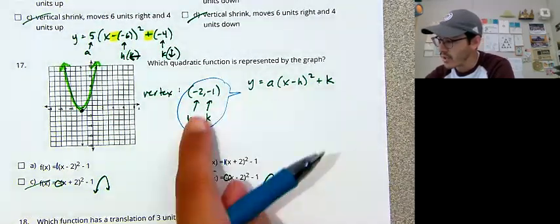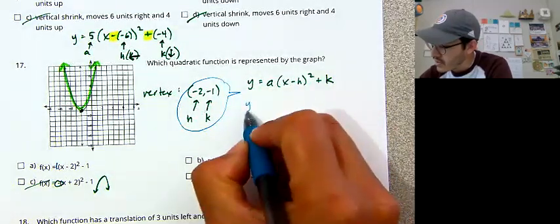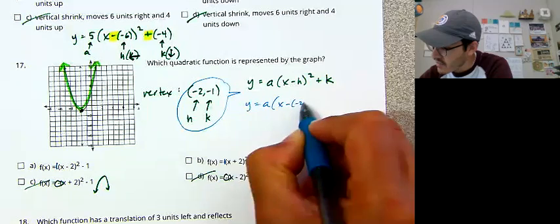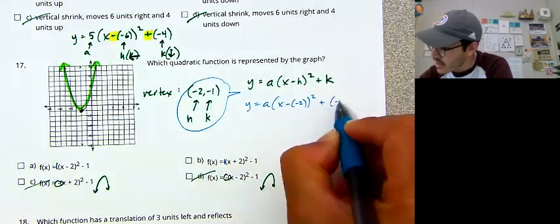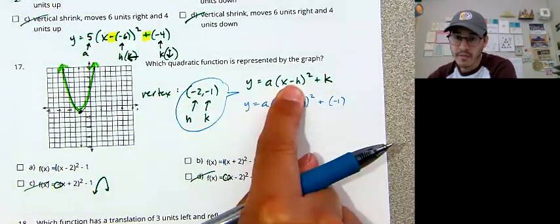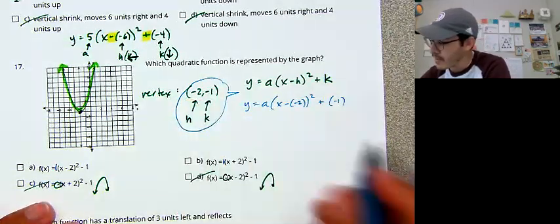Okay. So let's go ahead and plug -2 in place of h and -1 in place of k. y equals a x minus -2 squared plus -1. So there's 2 minus signs here: there's a minus sign from the formula, and then there's also the negative sign from the h value.